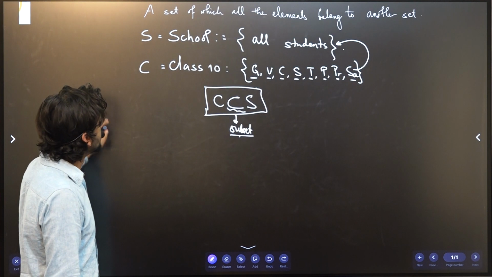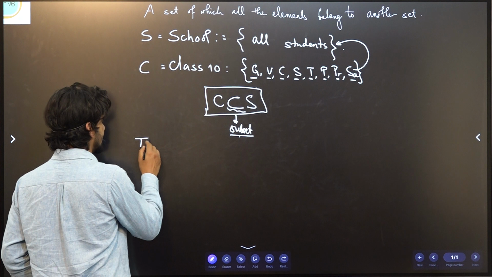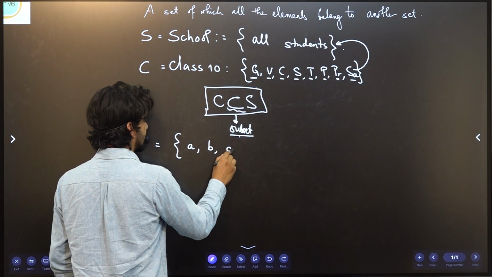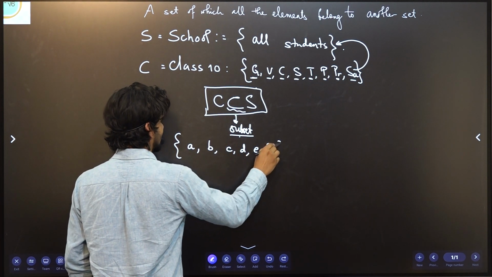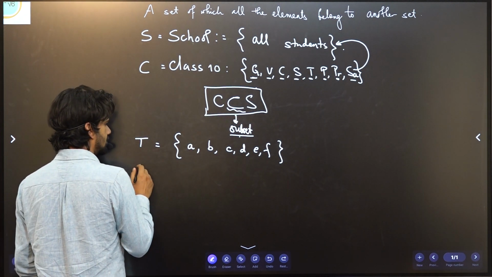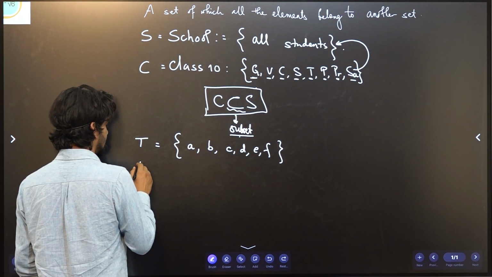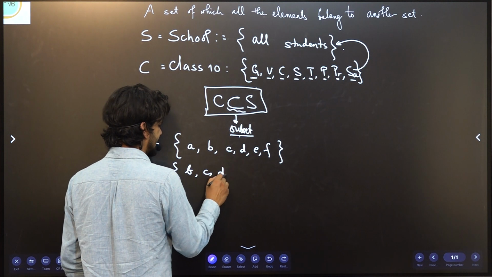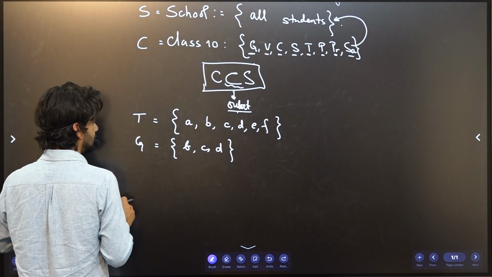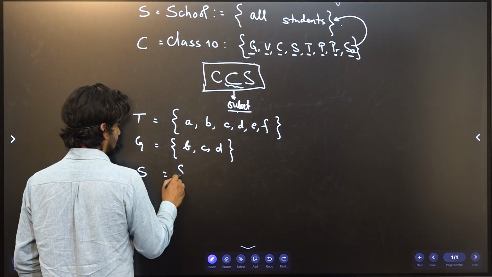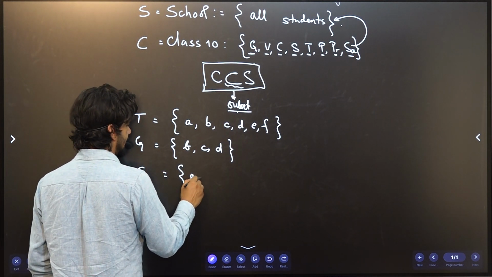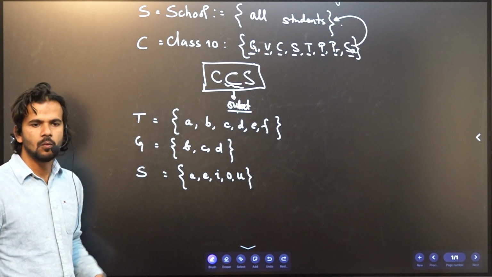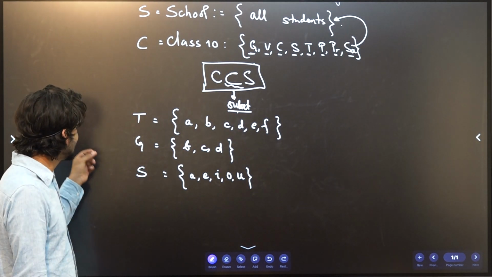Let's take another example. Set T equals A, B, C, D, E, F, and G equals B, C, D. Let's take another one, S equals A, E, I, O, U. What are the things that we can say about T, G, and S?